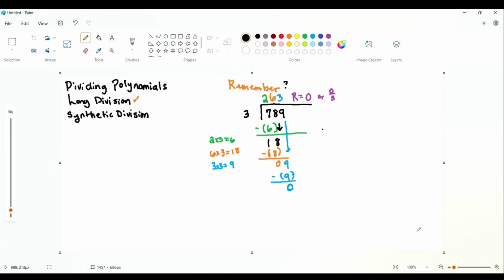So, does this always work? When working with polynomials, the process is the same. Here's an example.